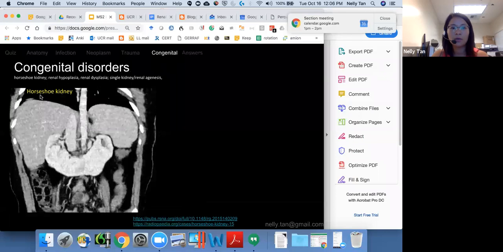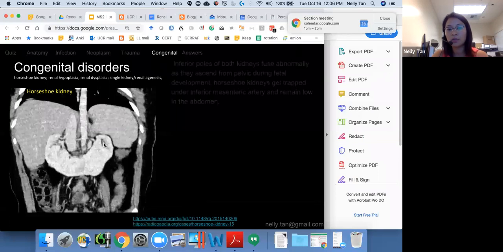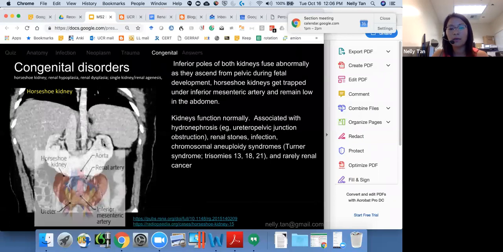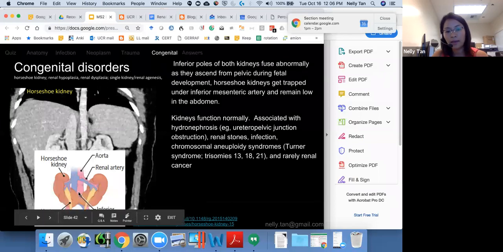Okay, we're almost done. Horseshoe kidney. Here we see the two kidneys are fused together. What you need to know is that the SMA sits here, so it can't ascend. It's stuck in the region of the SMA.